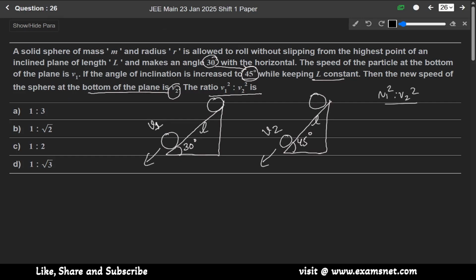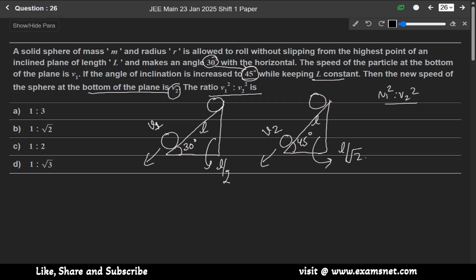If this is a 30 degree angle of inclination and the length remains same, then the loss in height will be L by 2 since the angle is 30 degree, and here the loss in height will be L by root 2.